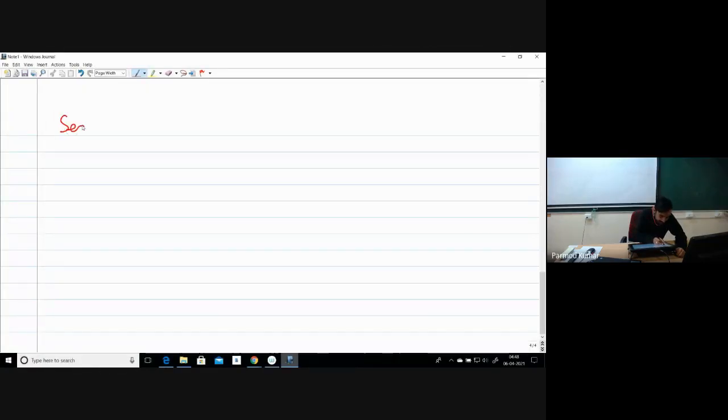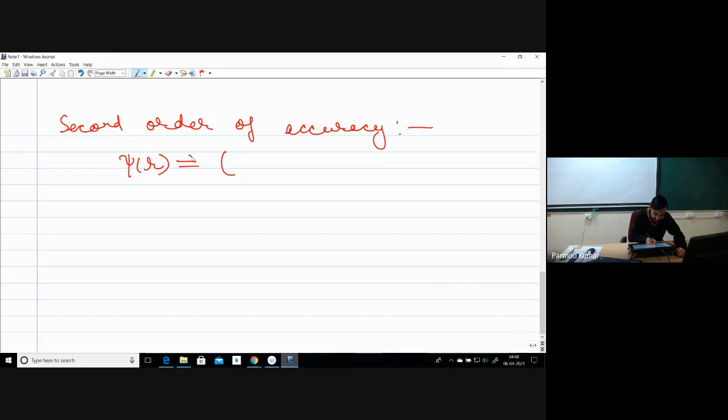If the order of accuracy has to be second or more, then whatever function psi(r) we plot has to pass through the point (1, 1) on the r-psi diagram.